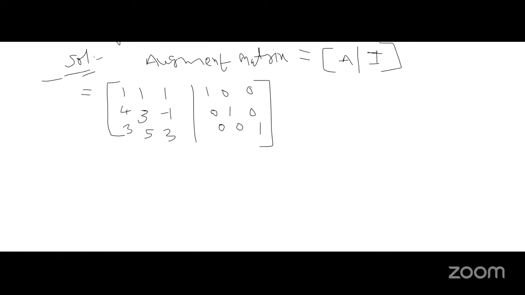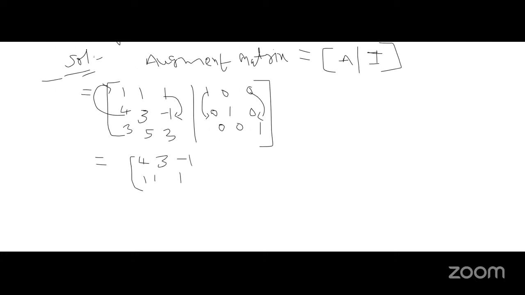We are interchanging. Okay. So if you are doing the interchanging, automatically the interchanging will be there here also. So 4, 3, minus 1, 1, 1, 1.